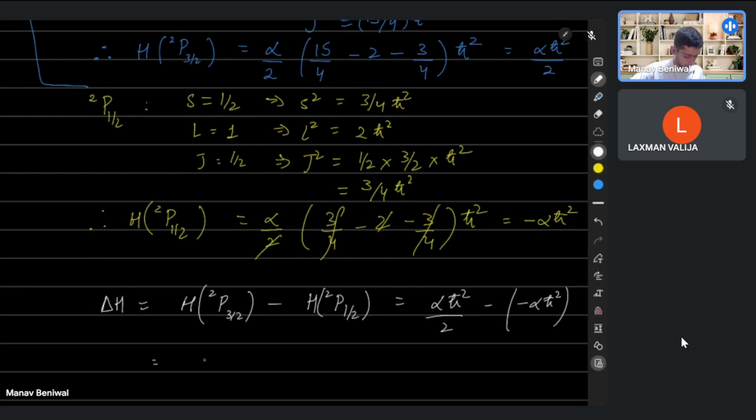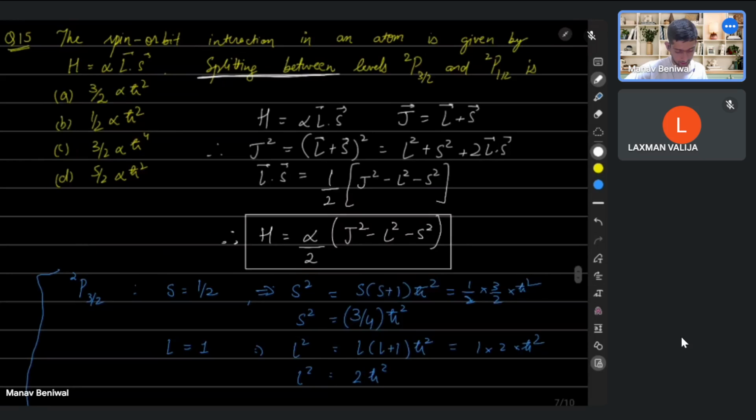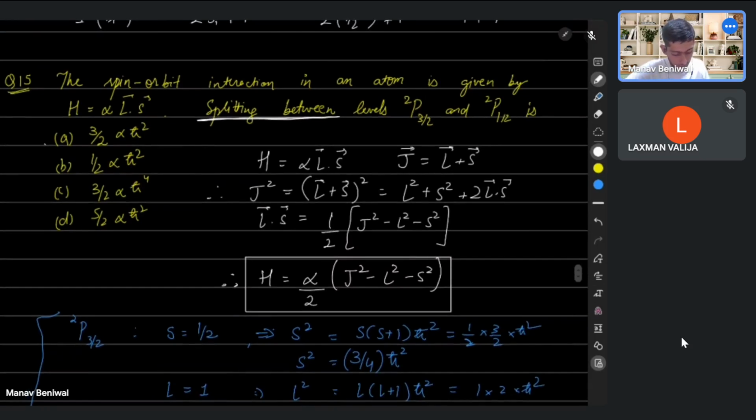Okay, so if we take out this common factor, this will become half plus 1, or simply 3/2 alpha h cut squared. Correct? So the correct answer will be A, 3/2 alpha h cut squared.